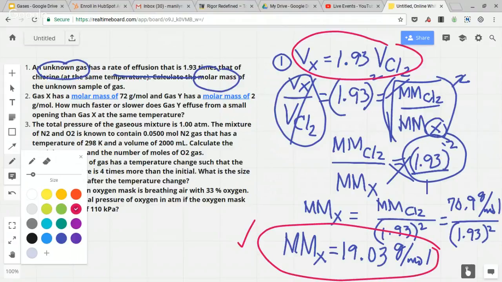If it travels faster, it should be lighter than Cl2. Am I correct? So X should be lighter than Cl2. That means, as we got in this problem, 19 is lower than 70.9, so our answer makes sense.